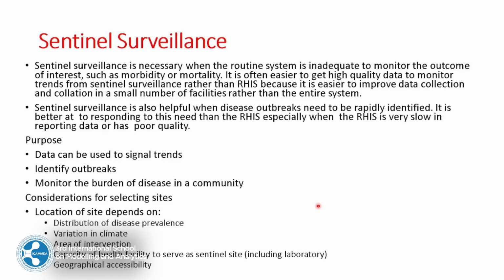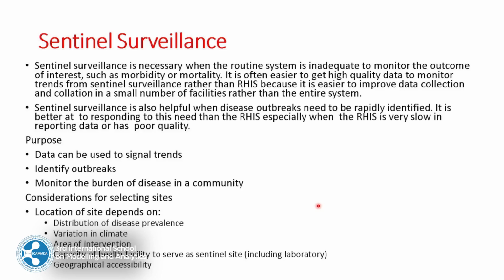So for sentinel surveillance, it has to do with specific locations where sentinels are set up. For this, we have to identify strong health facilities. It's not all health facilities that can become a sentinel or investigate a particular disease. So we have to identify strong health facilities that are actually equipped to manage some of these disease outcomes.